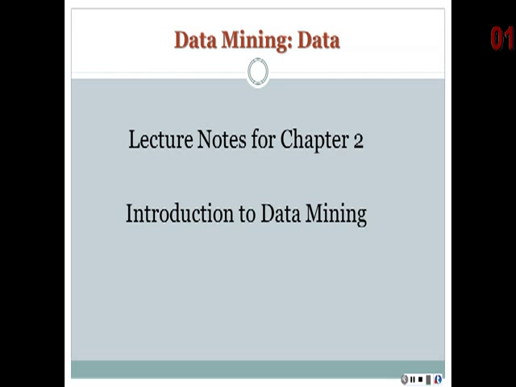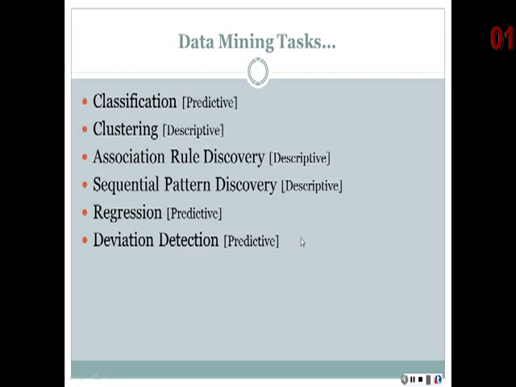Okay, so let us start now and talk more in detail about data mining. We mentioned a little bit about the major task that data mining takes under consideration, which is classification.